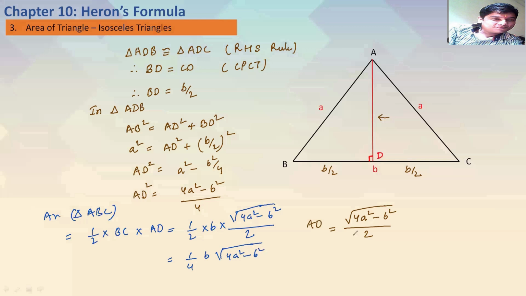Do you get me? If you have an isosceles triangle with equal sides given and the base given, then you are going to apply this as the formula. Are you getting me? Yes, sir. This is going to be the formula for area of isosceles.